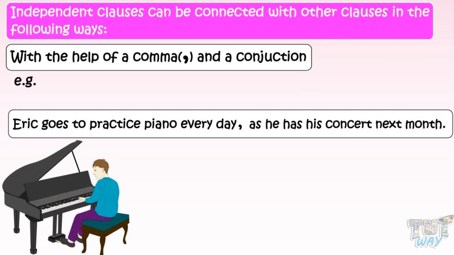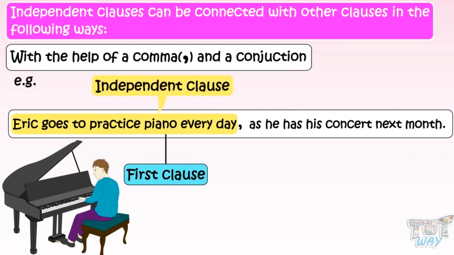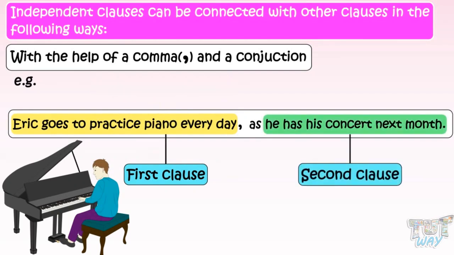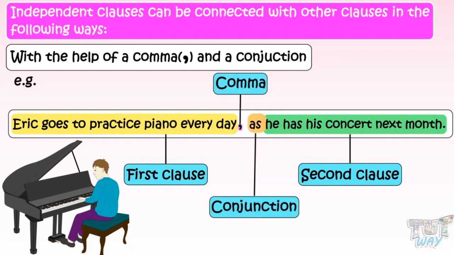Here, the first independent clause is, Eric goes to practice piano every day, and it is connected to the second independent clause, which is, he has his concert next month, with the help of two things, a comma and a conjunction. Remember, comma comes first, and then it is followed by a conjunction.